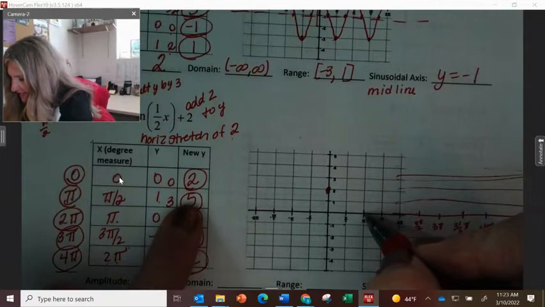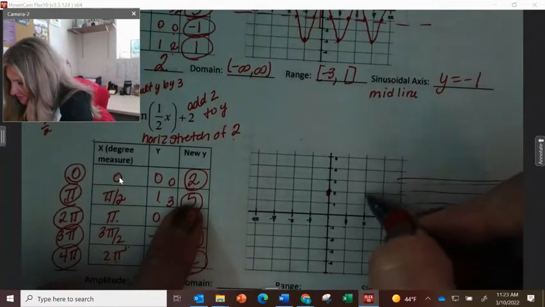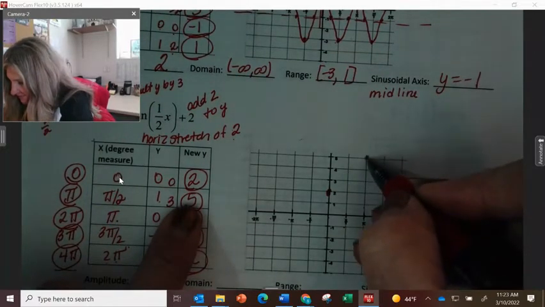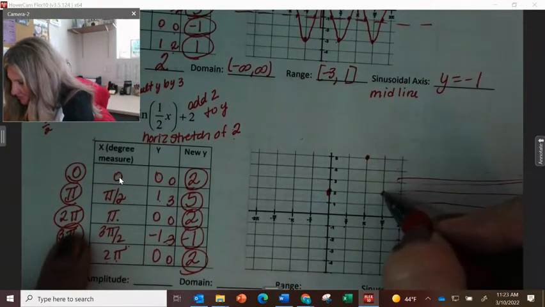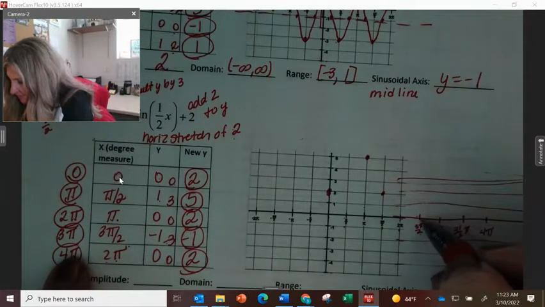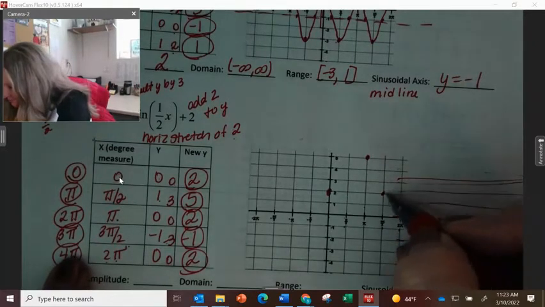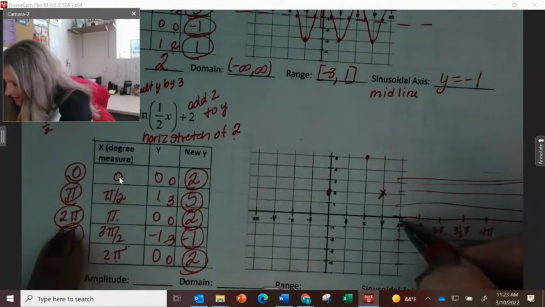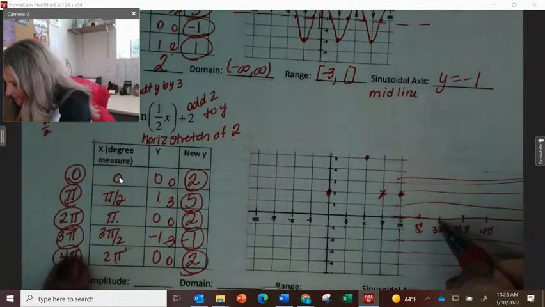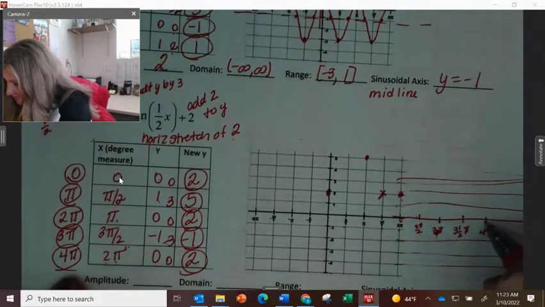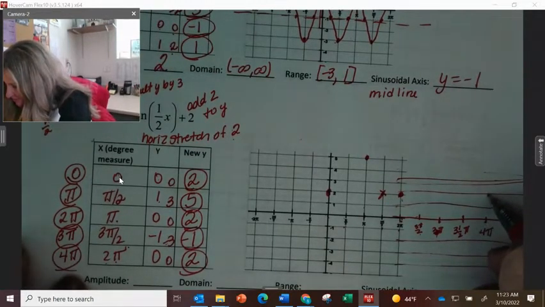Right here at pi, I'm going to be at 5: 1, 2, 3, 4, 5. At 2 pi, we're going to be at 2. Here's 3 pi, I'm going to be at -1. It's right there. And then down here at 4 pi, I'm going to be at 2.